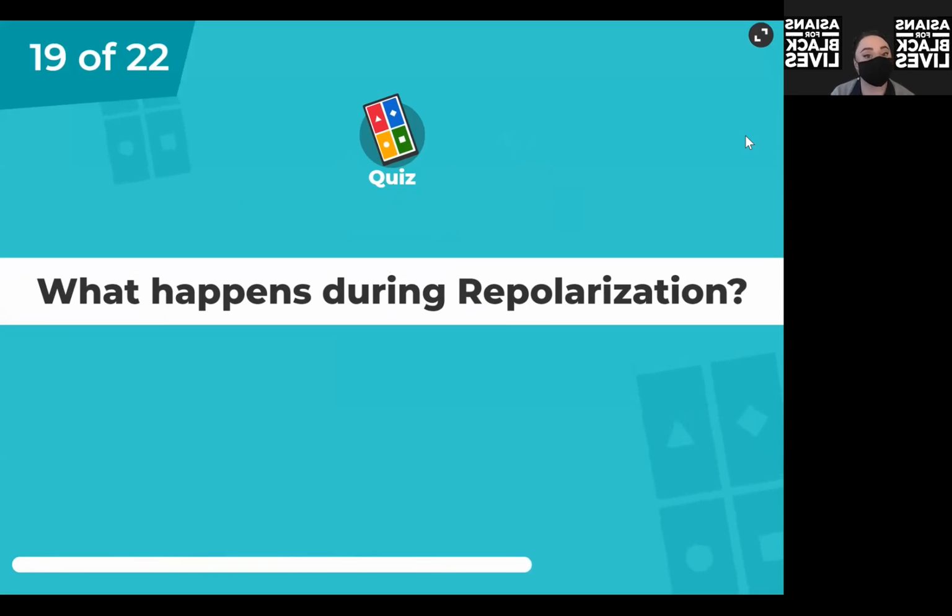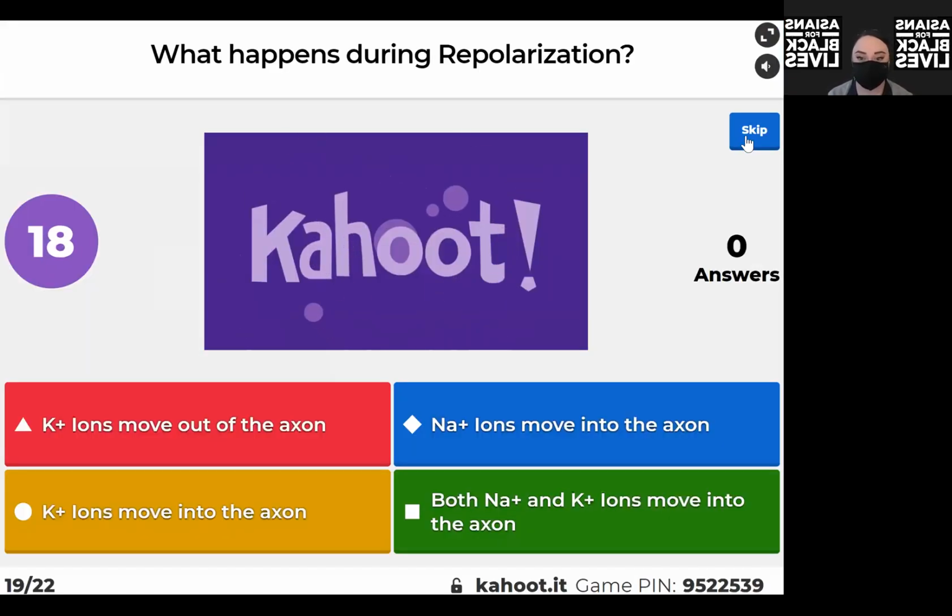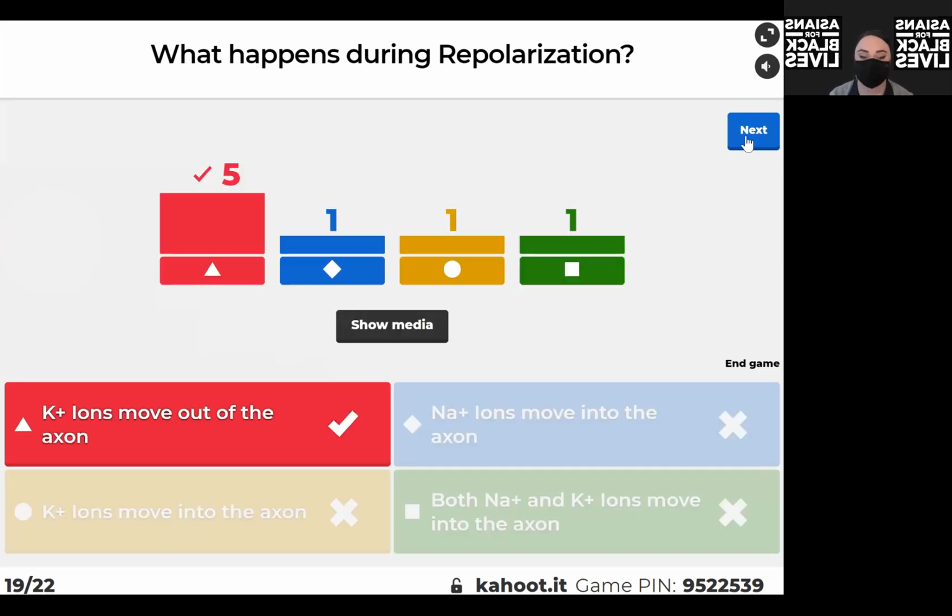What happens during repolarization? Good.